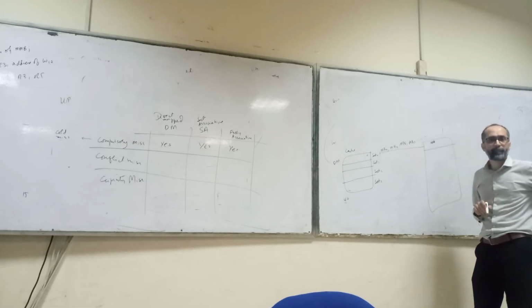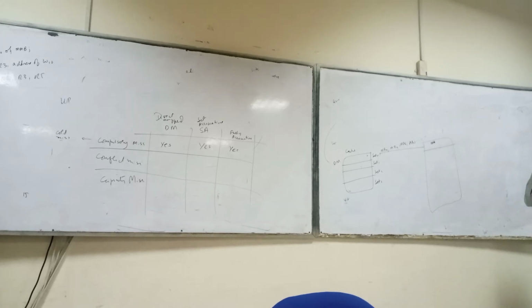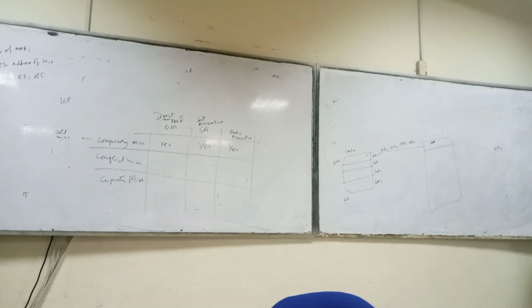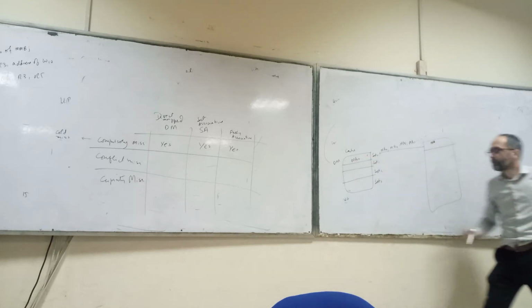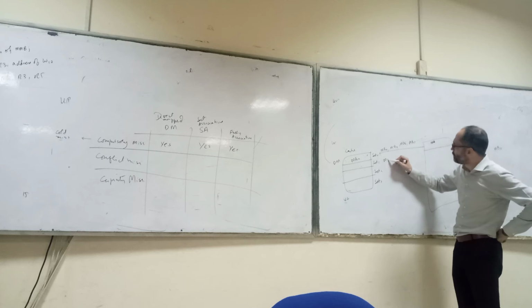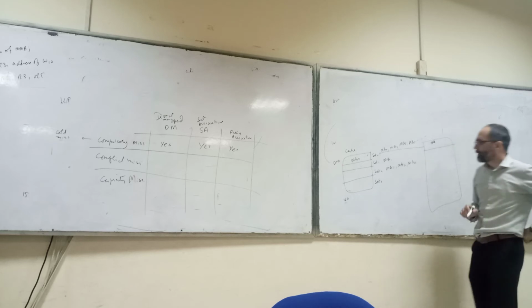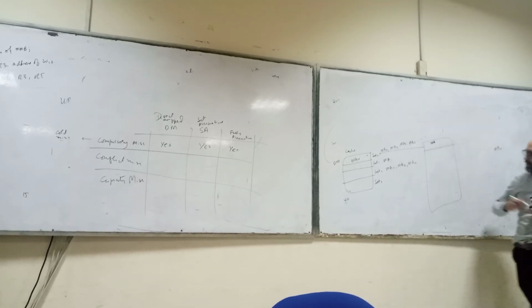Now let's assume the microprocessor wants to access main memory block 0. To which set will it be mapped? Set 0. Now the microprocessor wants to access main memory block 1, block 2, block 6, block 10. Microprocessor wants to access main memory block 6. To which set will it be accommodated? Set 2.